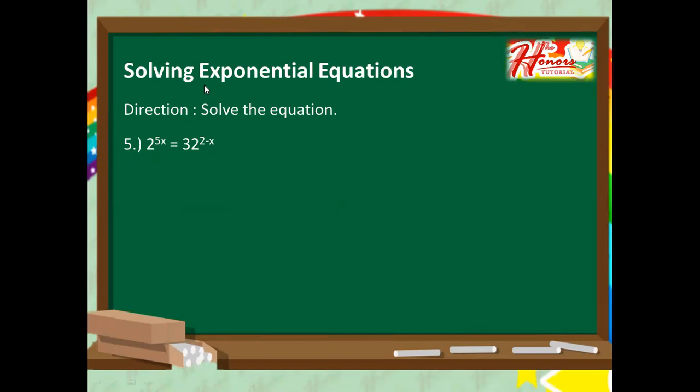Now let's have number 5. For number 5, kindly write solution. Copy the given first. So we have here 2 raised to 5x equals 32 raised to 2 minus x.